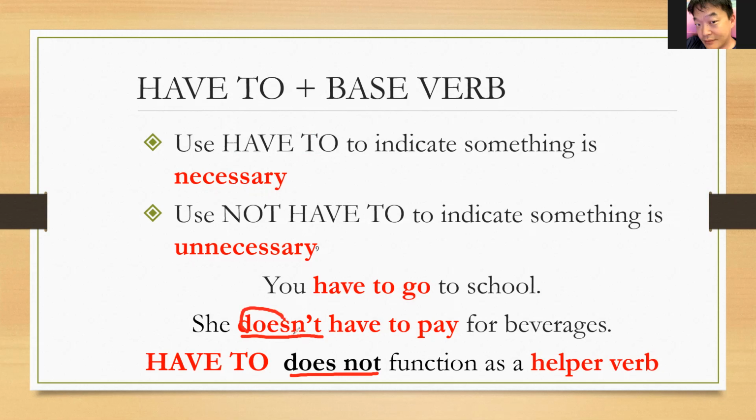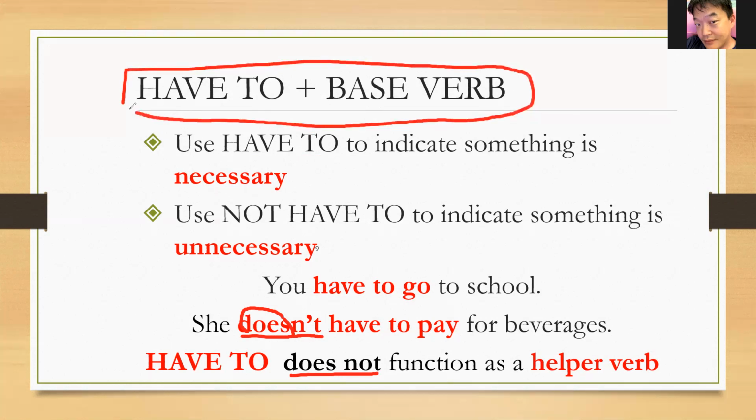Why? Because have to in this case does not function as a helper verb. It's not a compound tense. So this is something you have to remember. It's necessary to remember. So you have to remember.